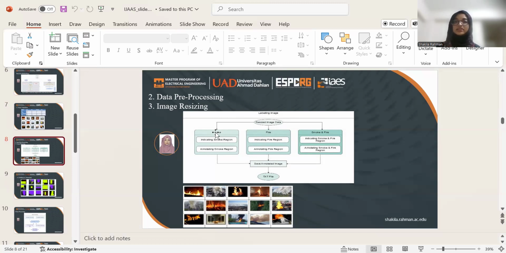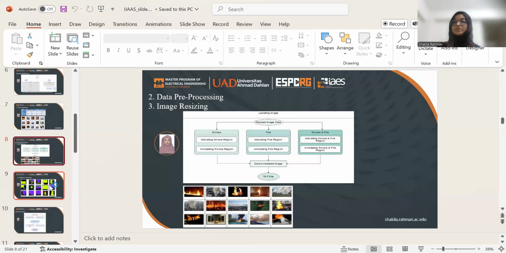As you can see, we considered smoke and fire, these three classes. After annotation, we saved the annotated images, which are added in txt files. Then after we pre-process the txt files, we feed the model with this data for training.